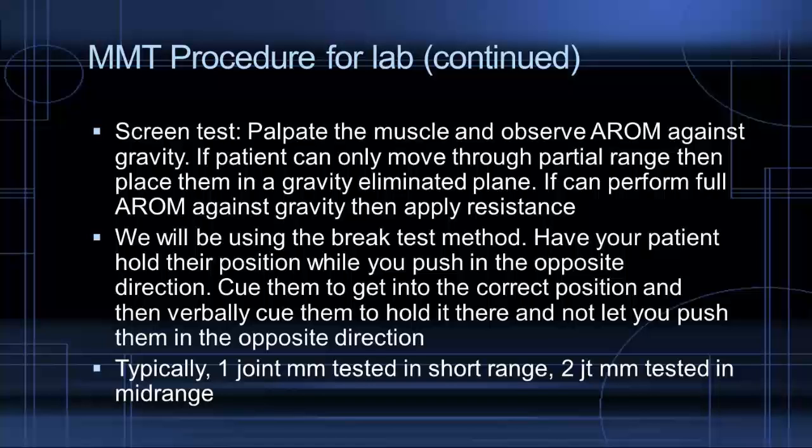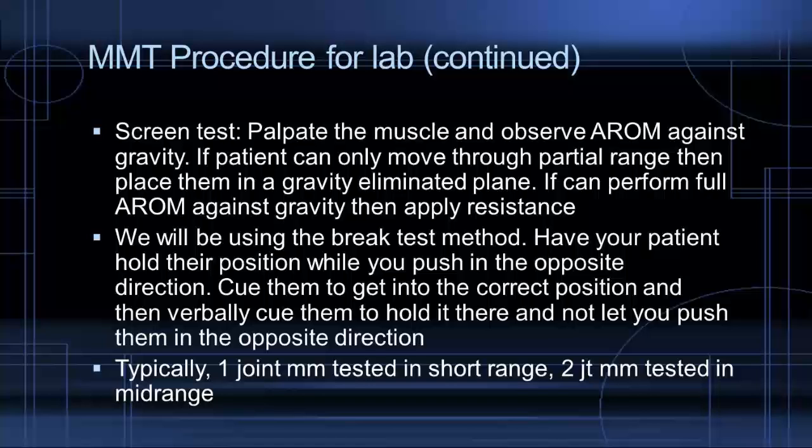And then we're going to be testing whether they have less than 3. So whether they have fair or poor or trace strength. So if they can perform full active range of motion against gravity, then we apply resistance. If they can't, we don't apply resistance. We put them in a gravity eliminated plane.